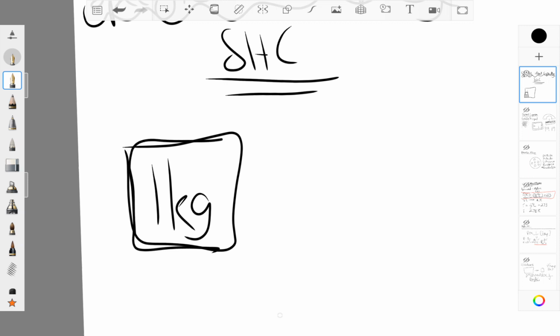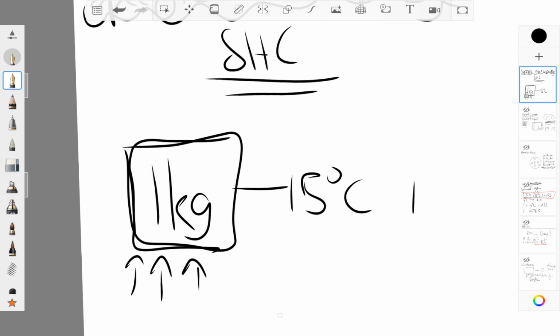Let's say this is iron, and it's at 15 degrees Celsius. How much heat energy does this block of iron need to absorb before the temperature can increase to 16 degrees Celsius? That basically describes the specific heat capacity of a substance.